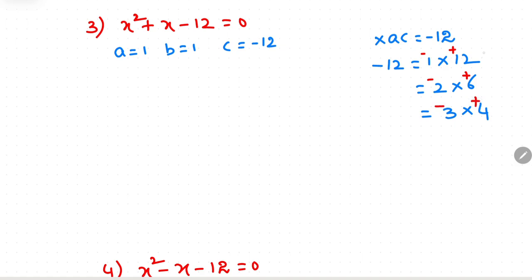Now once again add every pair to get the b value. Minus 1 plus 12 is equal to 11, so it is not possible. Minus 2 plus 6 is 4, not possible. Minus 3 plus 4, we are getting the b value 1.